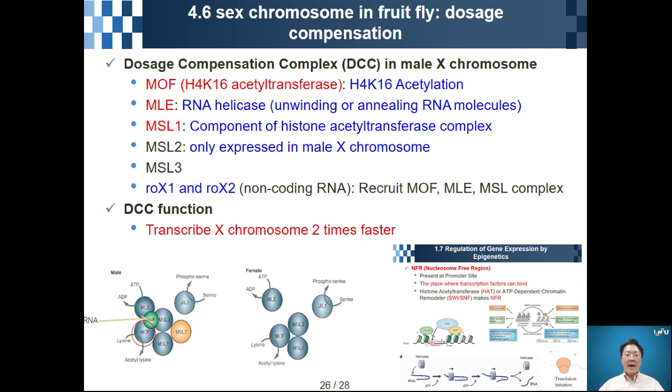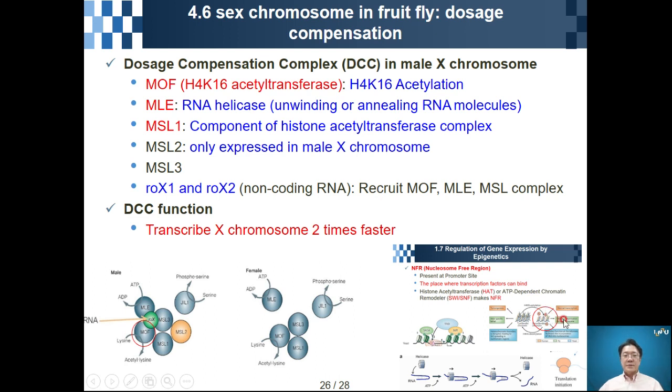So MOF can induce acetylation, making H4K16 acetylation. We already learned in chapter 1 that when histone acetylation happens, heterochromatin can be changed to euchromatin region.